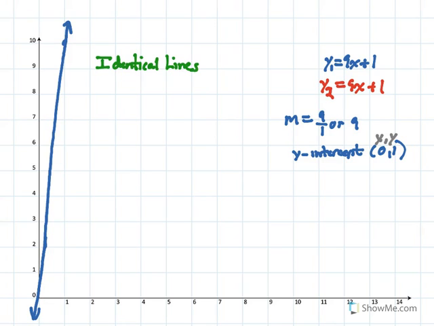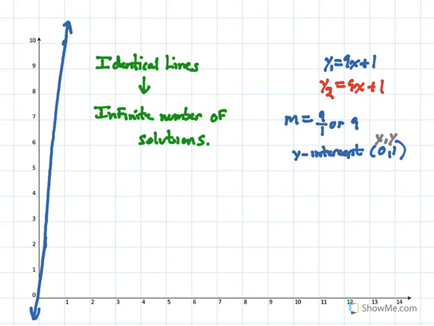And anytime you see this special situation, that's basically going to tell us that there is an infinite number of solutions. And that only occurs when both lines overlap each other.